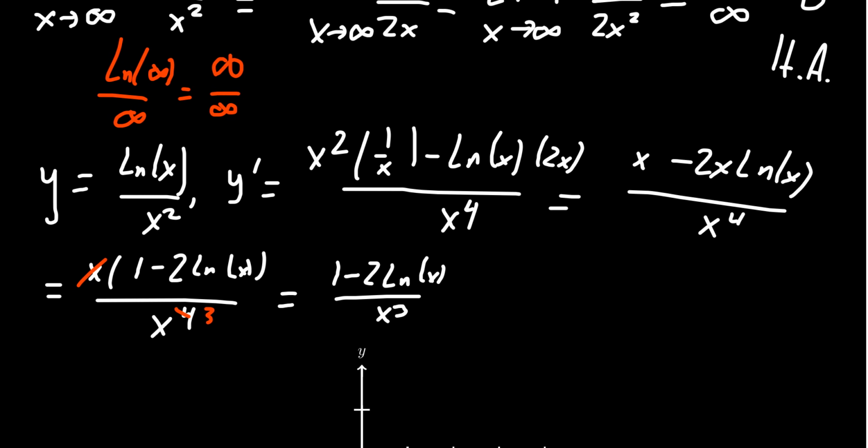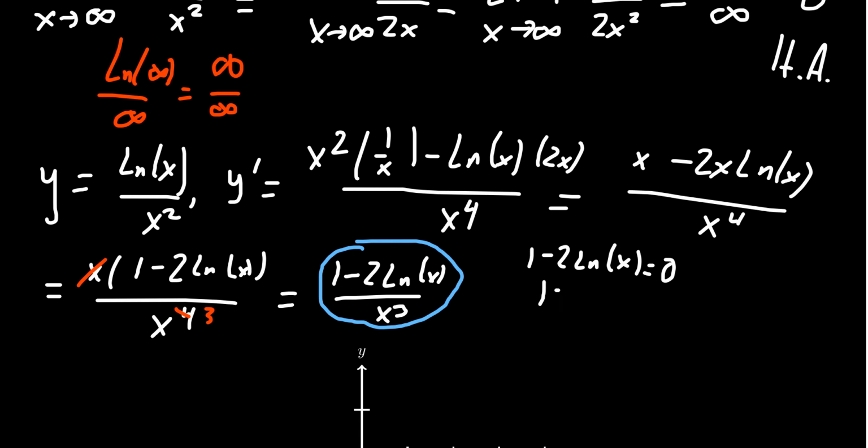We want to remember this guy right here because we're going to have to take the second derivative in just a moment. But in the meanwhile, let's think of the critical numbers. The denominator goes to 0 when x is 0. We already know that's the boundary of the domain. When does the numerator go to 0? 1 minus 2 natural log of x. We solve this equation right here. We can add 2 times the natural log of x to both sides.